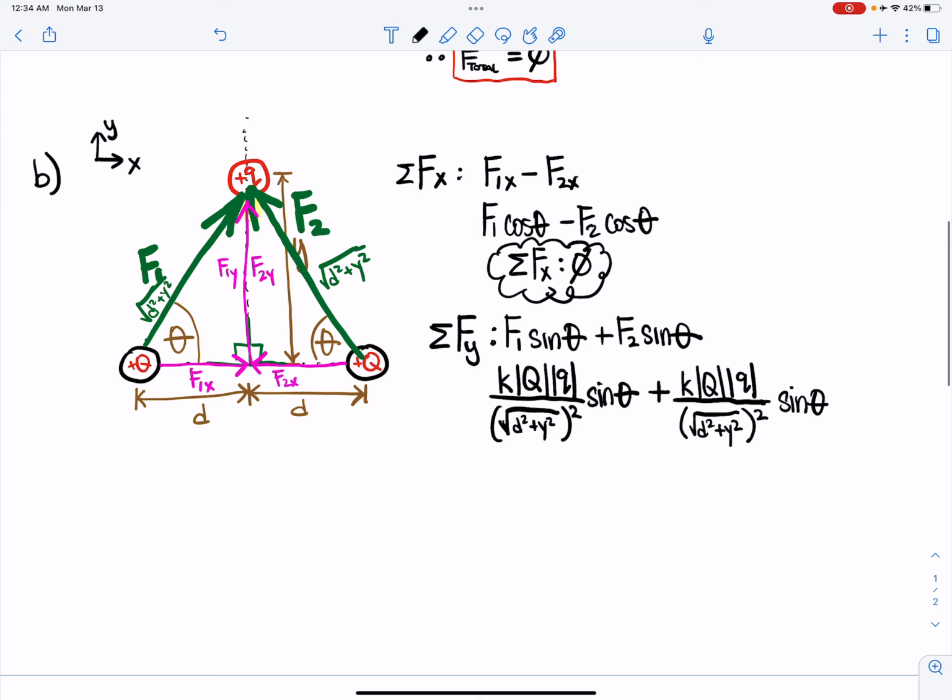So that's a y component, right? Let's rewrite that. Instead of putting down sine theta, what is sine theta? Remember SOHCAHTOA.